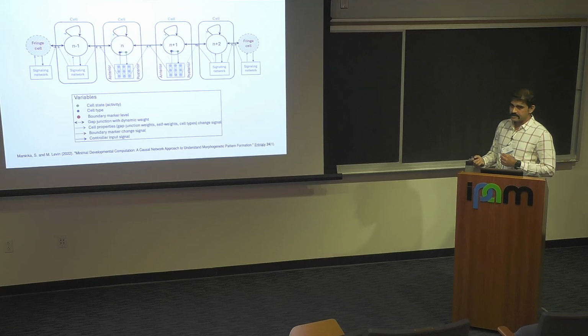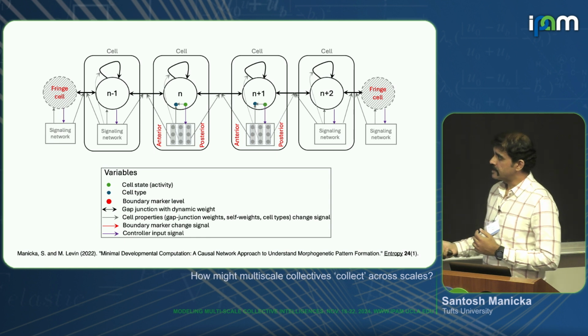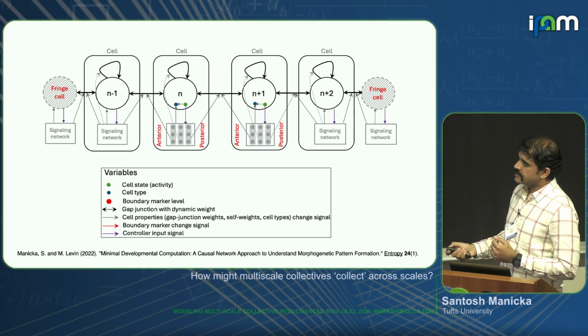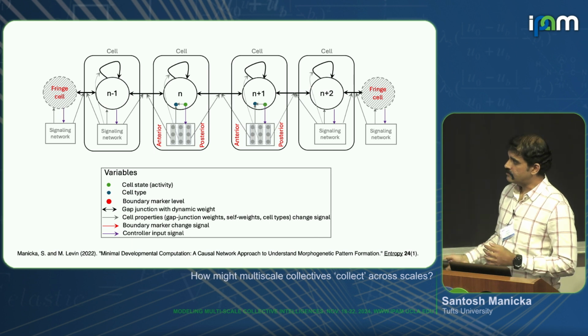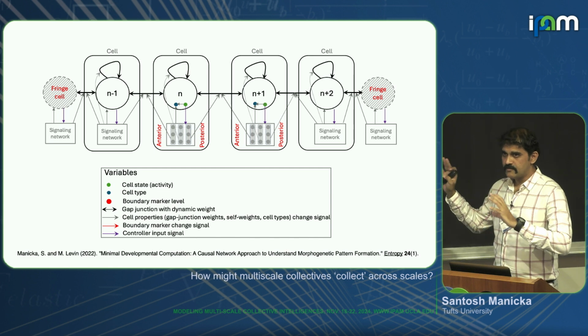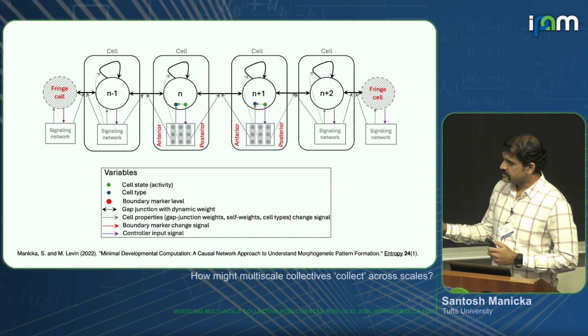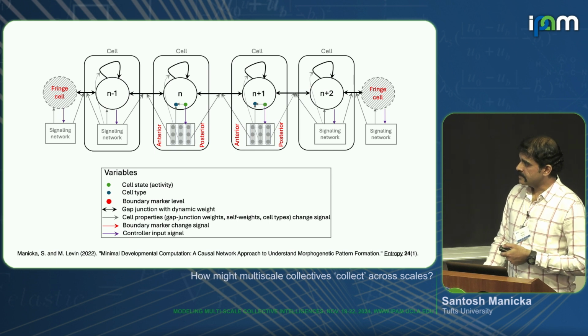These edges represent gap junctions, and their permeability can change over time, so it's dynamic. And the GRN controls the permeability of these gap junctions differentially using a planar cell polarity sort of model. And in fact, this model also has more factors which I'm not showing. That's not necessary for this talk, but this is the kind of model that we are using.